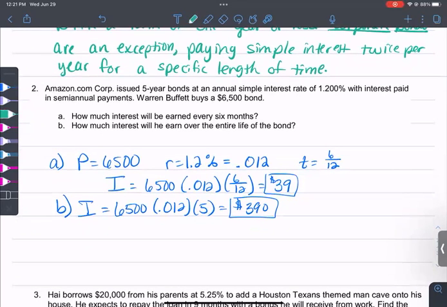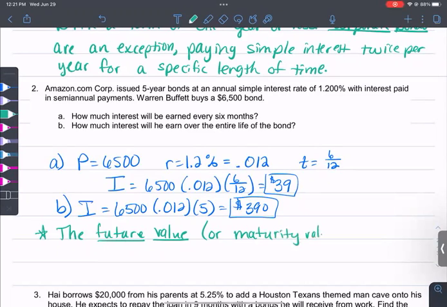So throughout this discussion about interest and things, we'll talk about something called the future value. Or you can also think of this as the maturity value. That will be indicated as capital F, capital V in our formulas.